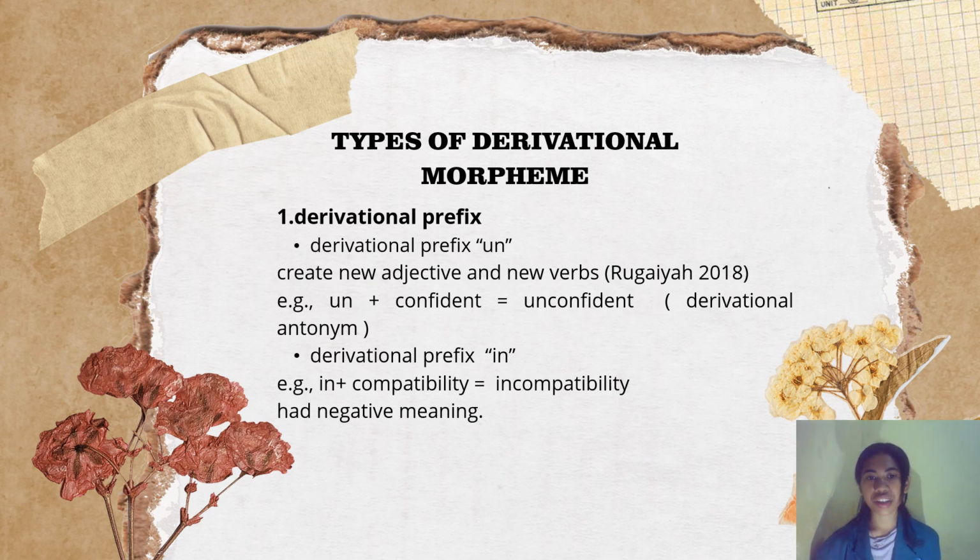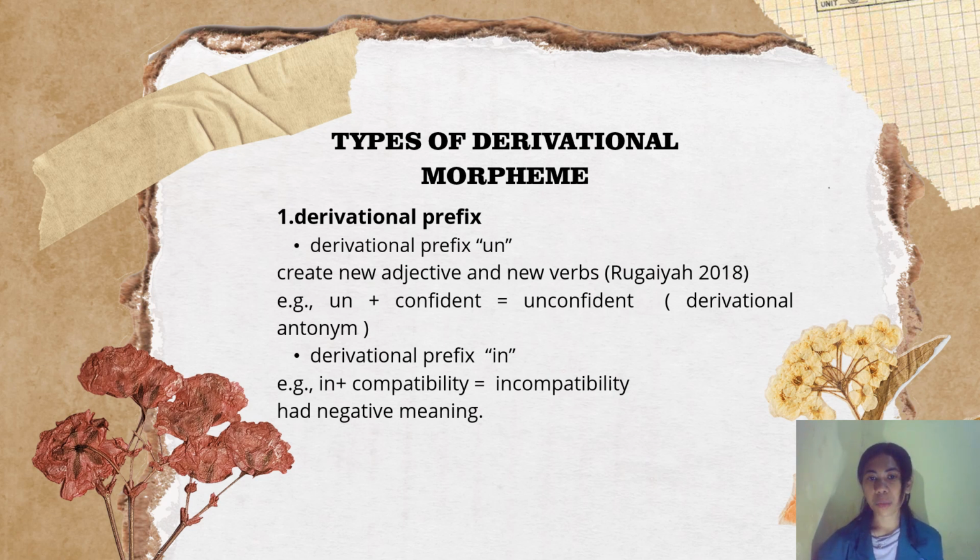It's called derivational antonym. So it means that the prefix un plus the base word confident can create a new word or a new adjective.